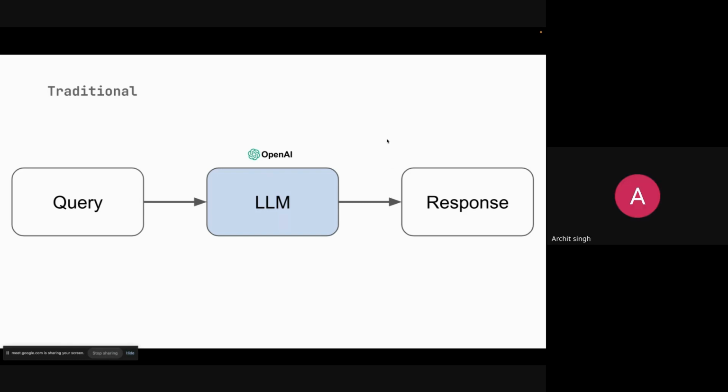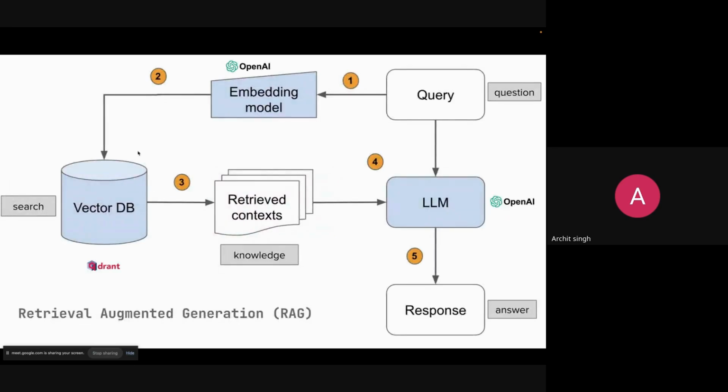So what we would want as a use case was that I have a set of documents that I would want to inject into the LLM in such a way that when you ask a question, the actual answer should always be derived from the documents that I'm presenting, the knowledge base that I have set up.